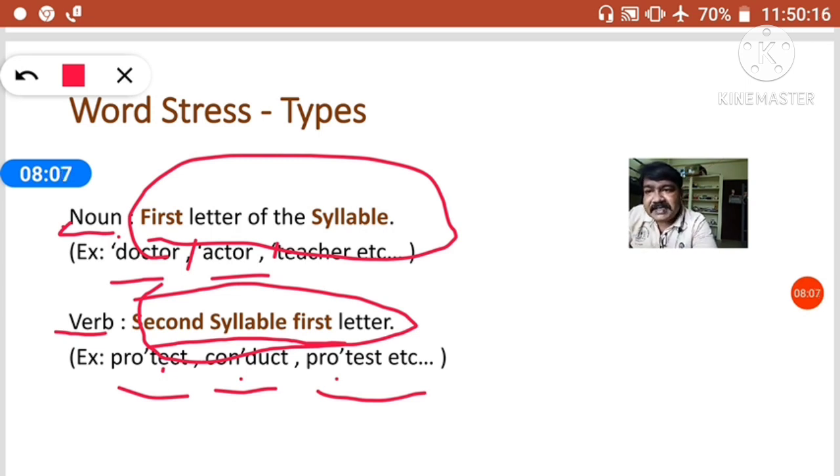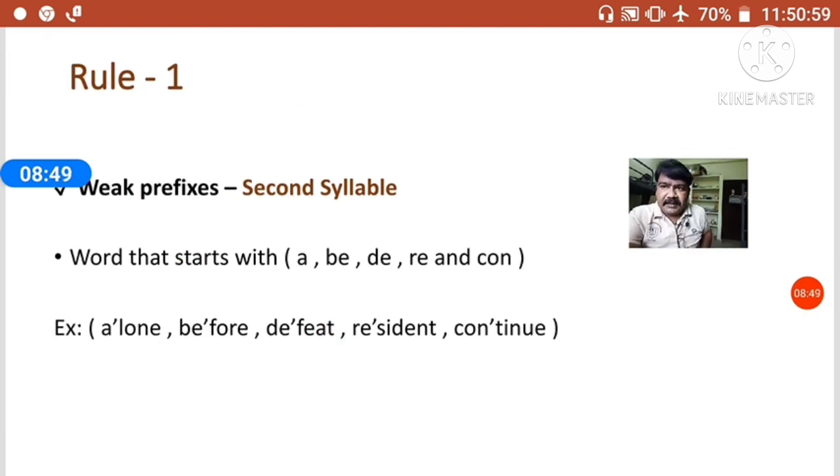And in protest, before T I kept the stress mark. Fine. I hope you understood the basic rules and basic formula that you have to keep in your mind. Fine. Now let us move to our next slide. Now rule 1. What is rule 1?